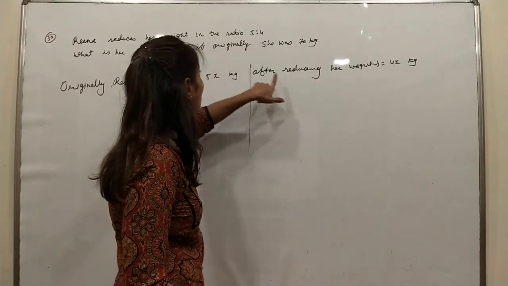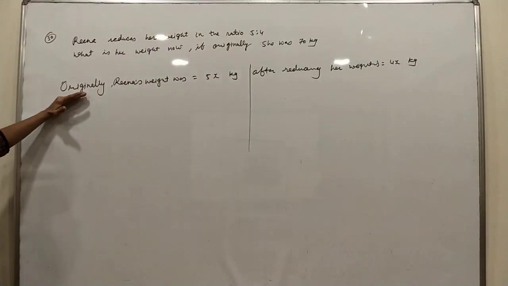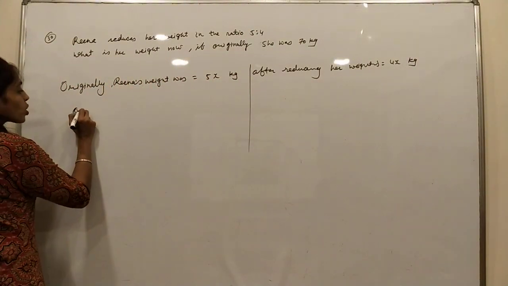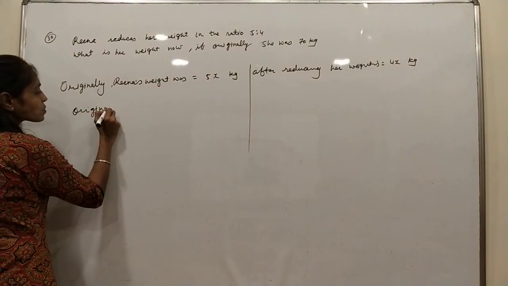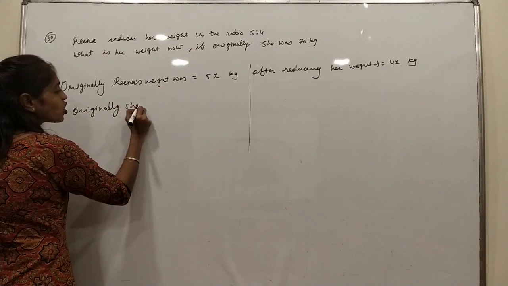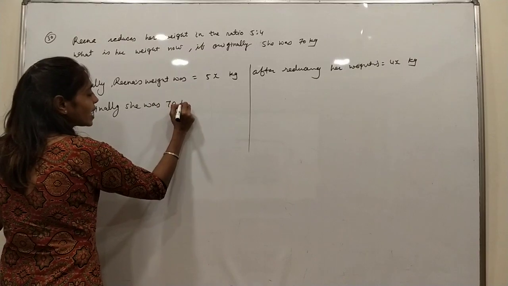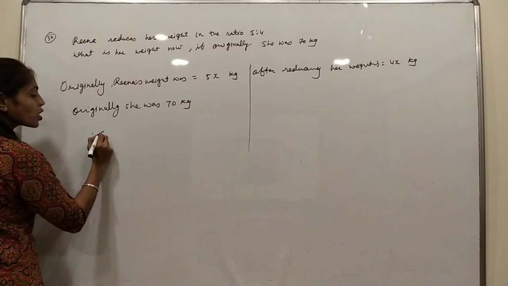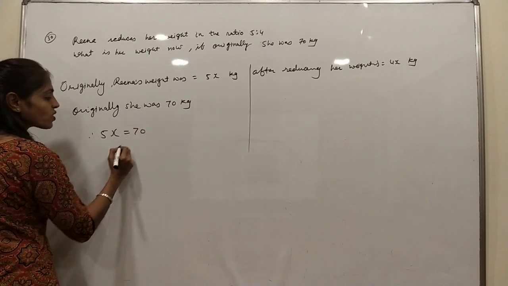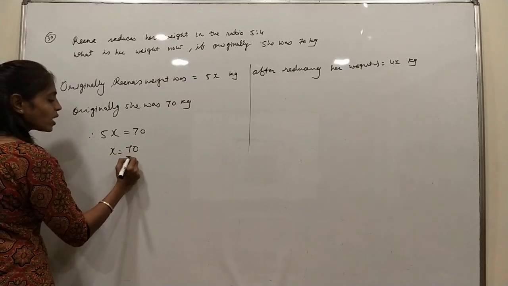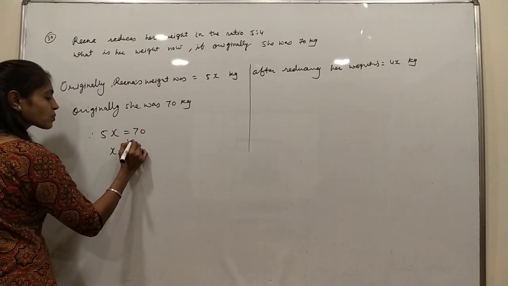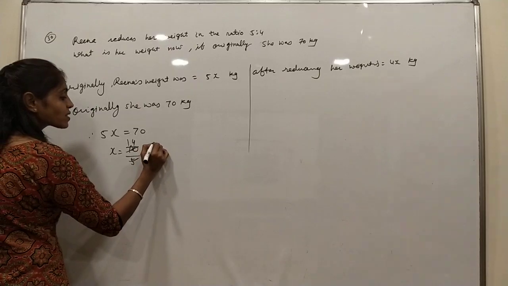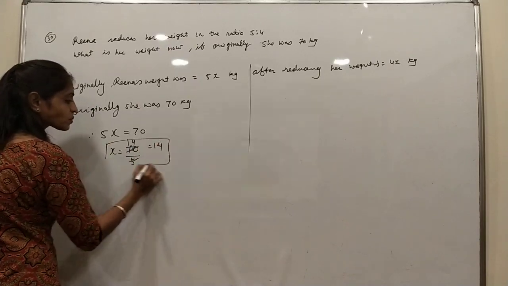Now, if originally she was 70 kg, hence originally 5x kg is equal to 70. So x is 70 upon 5, so x is 14.